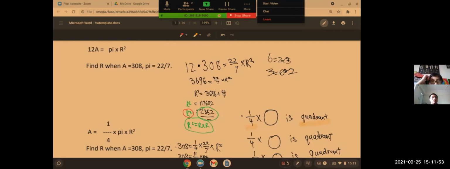Can you cross out the R square now? And you can replace R squared by... cross out the R squared. Wait, your R squared, which one is already circled? You cross out which one?